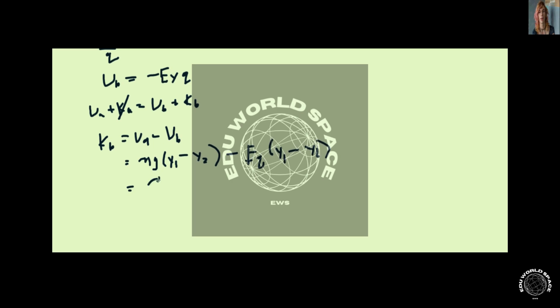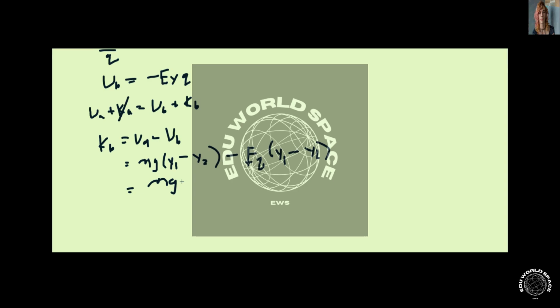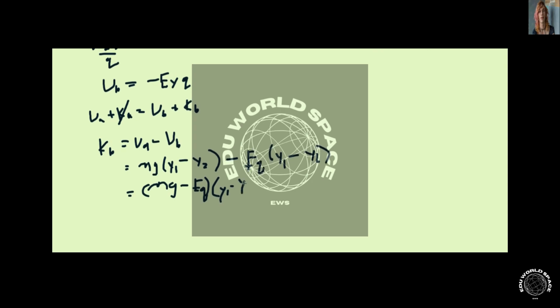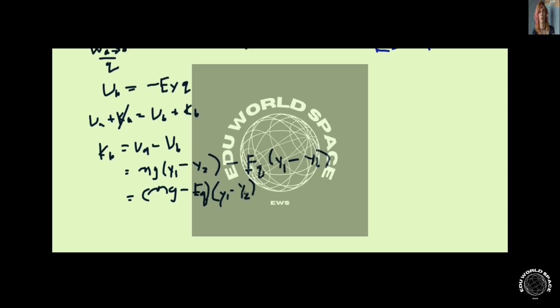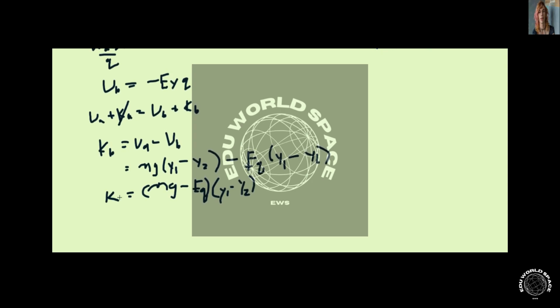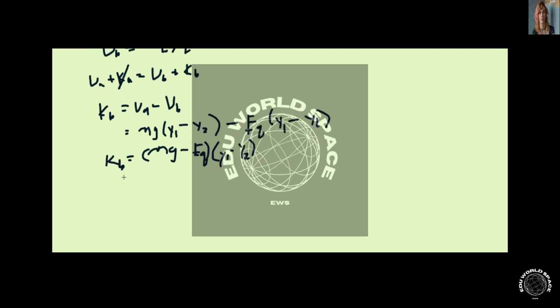So if you just factor them out, we're going to get that mg minus EQ times y1 minus y2 is equal to the kinetic energy at point B. We need to find the kinetic energy to find the velocity, so let's keep going. So we know we're in the right direction.